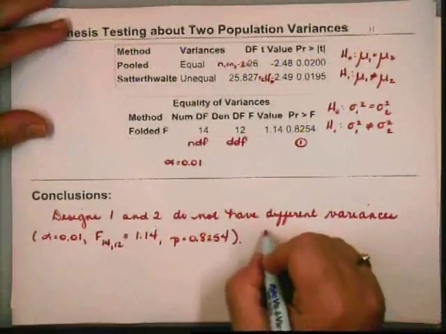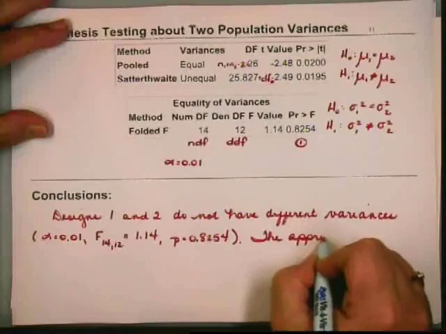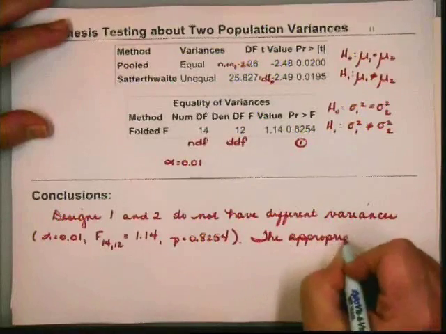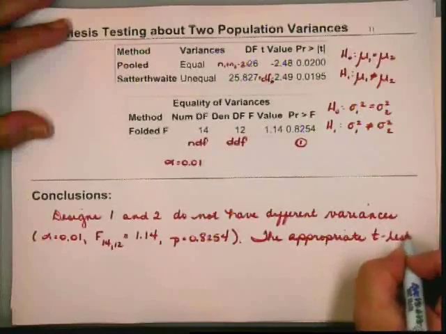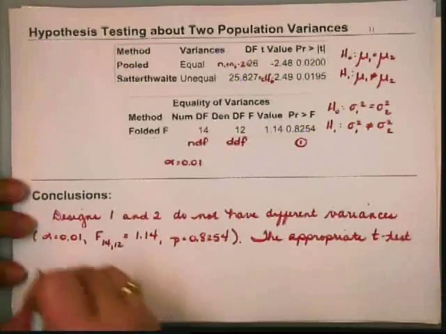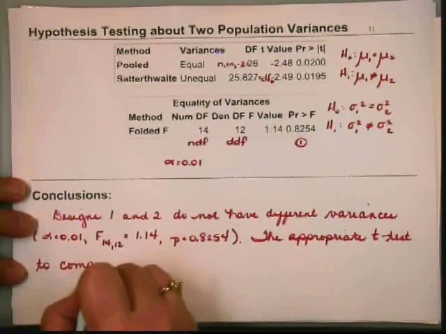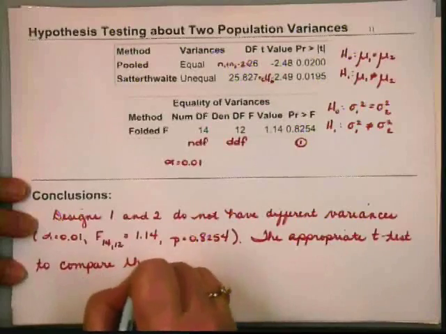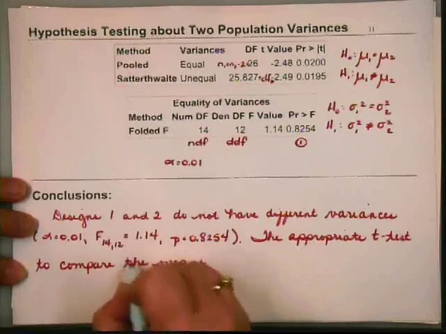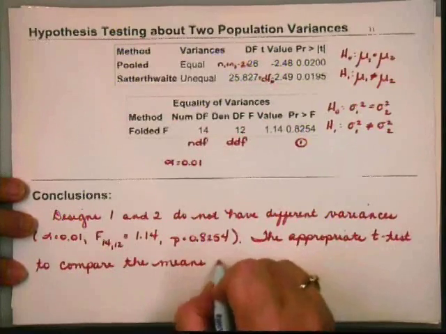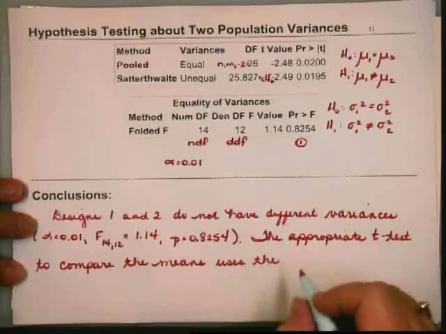next bit, what says the appropriate t-test to compare the means uses the equal variance condition.